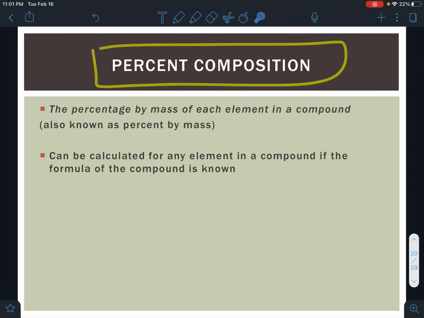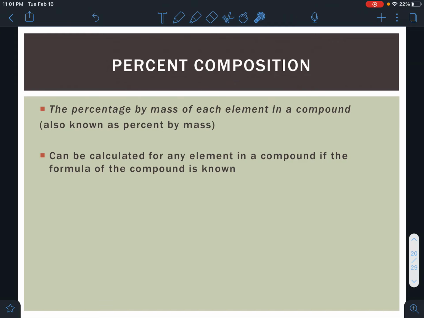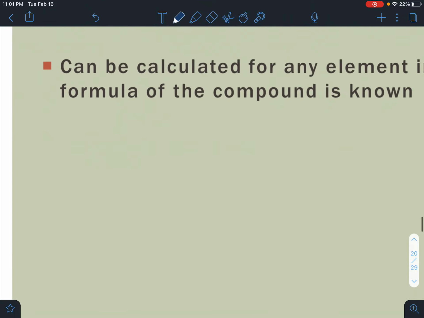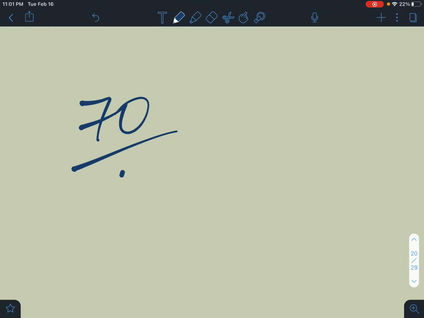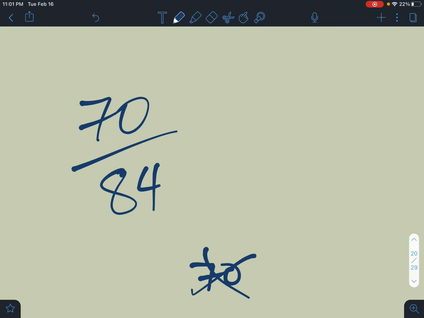So percent composition is very similar to finding your percent that you get on a test. It's called the percentage by mass of each element in a compound. If you got a 70 out of 84 on a test, your percent is not 70%. It's not just whatever number ends up on top of the bottom number.